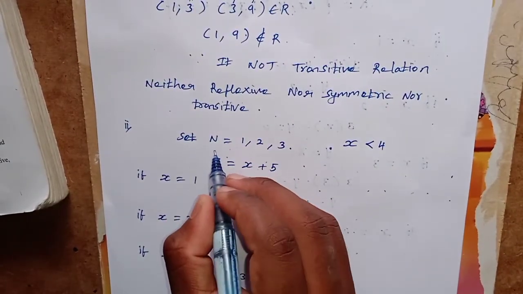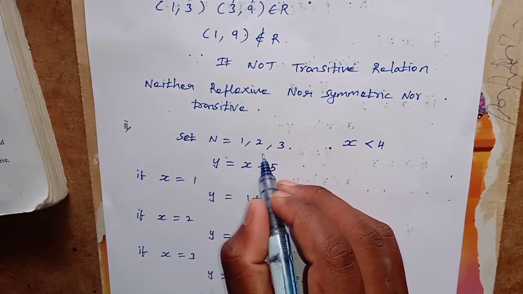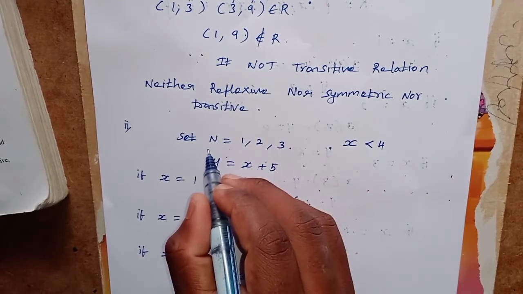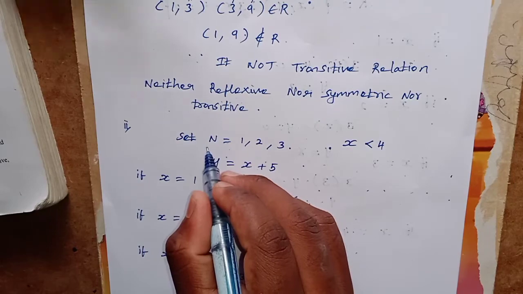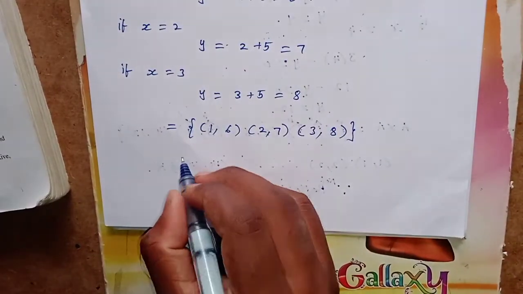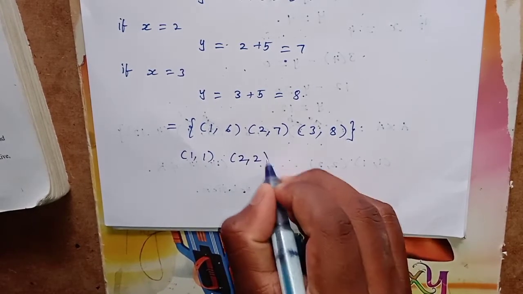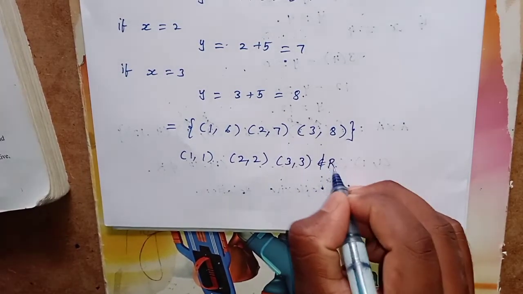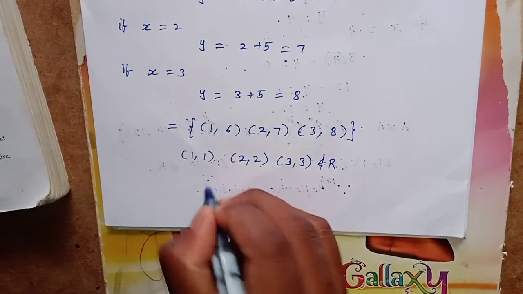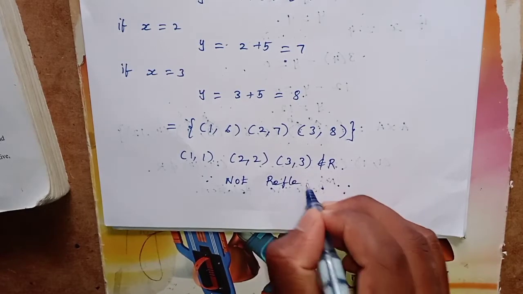Reflexive means in set N, 1, 2, 3, every element of A belongs to capital A. Here n belongs to capital N, but here (1, 1), (2, 2) and (3, 3) do not belong to R. Therefore it is not a reflexive relation.